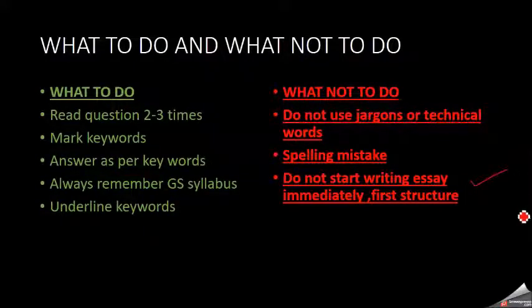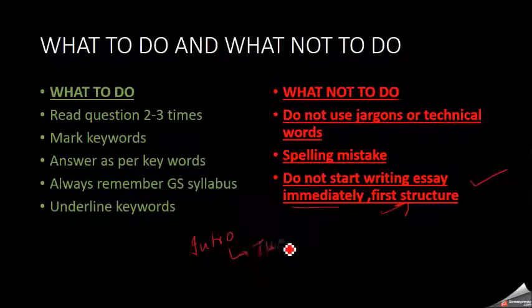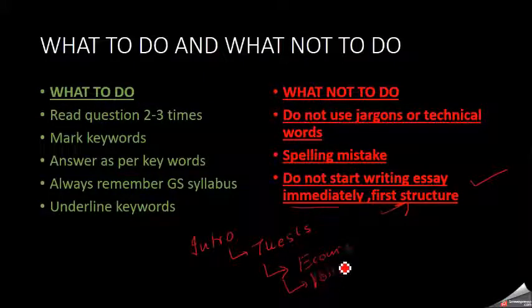Do not start writing the essay immediately. First structure it. Structure is like an intro, and in the intro the last line is your thesis. Then you start with your various dimensions: economic, second paragraph political, then cultural, environmental.